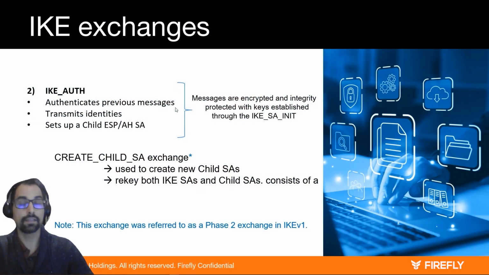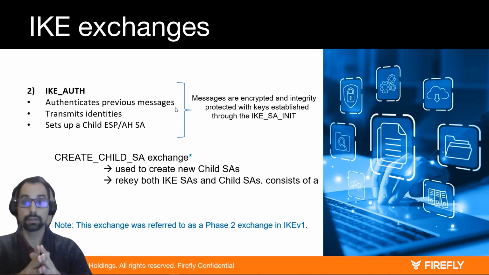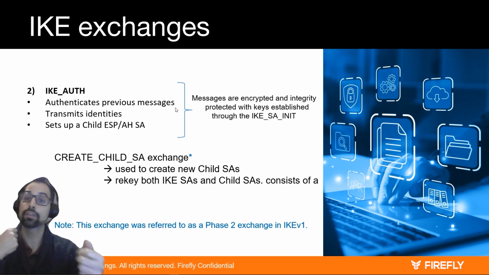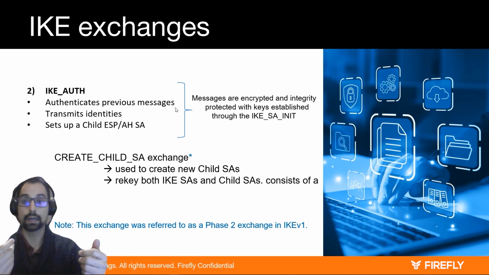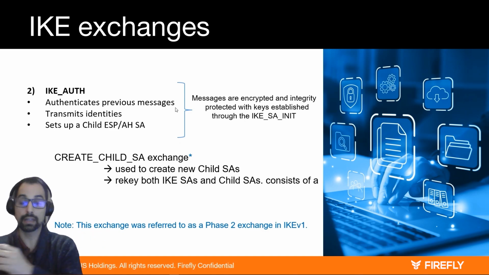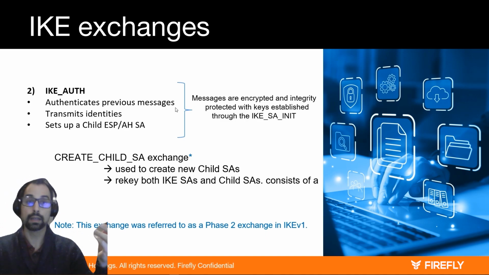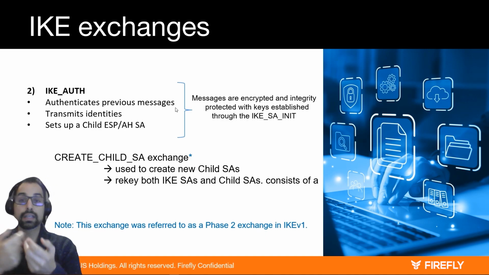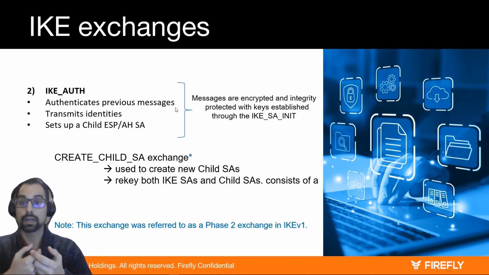And finally, for now, we have our second exchange for IKE, which is called the IKE_AUTH, right? In this case, this exchange of messages is going to authenticate the previous messages. So now we have keys, and if those keys have been exchanged correctly, we can now authenticate our peers. We're going to transmit our identity, so information, to make sure that we have everything that we need.